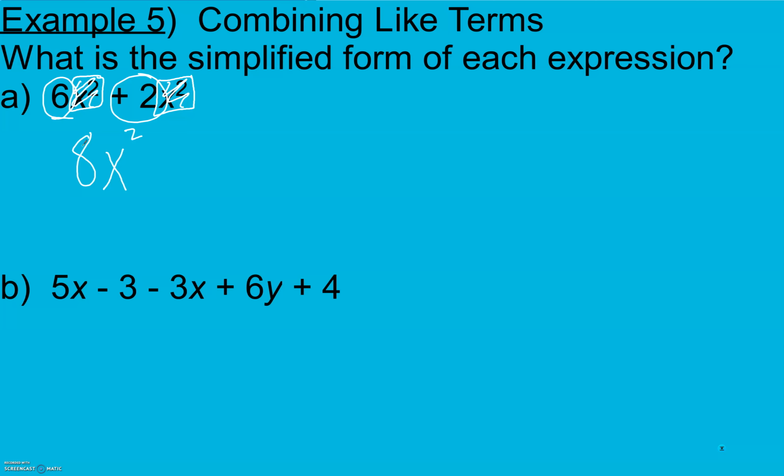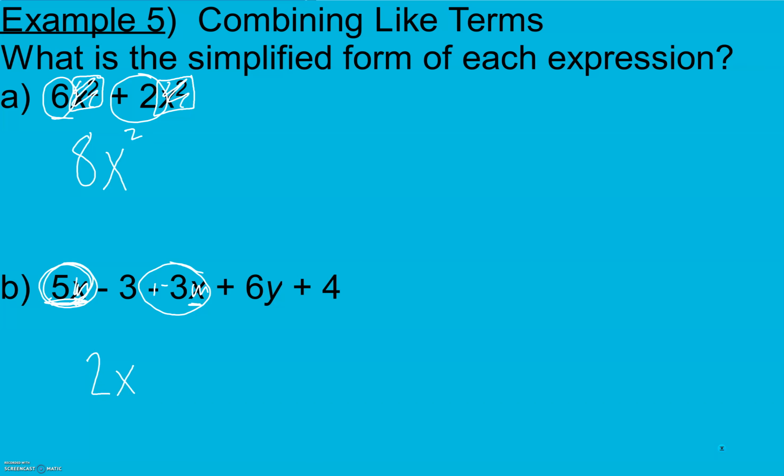In B, I can combine my x terms. 5x, and remember this is like plus negative 3 or minus 3. And because our variables are just x's, we can combine those. And again, I know it's going to be an x, so I'm going to keep my x part. I'm going to take 5 minus 3 and get 2, or plus negative 3 and get 2.